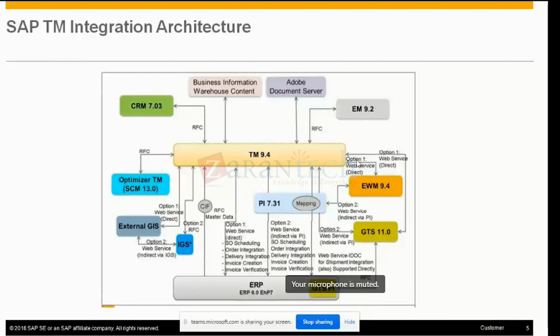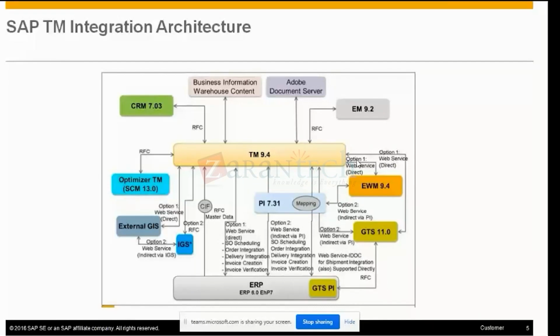Yeah, assuming it is not embedded. Assuming EWM is not embedded, but decentralized. See, you can have different architectures. I have seen one architecture where they had TM and S/4HANA embedded and EWM was decentralized. Then how will you make decentralized EWM speak with TM?